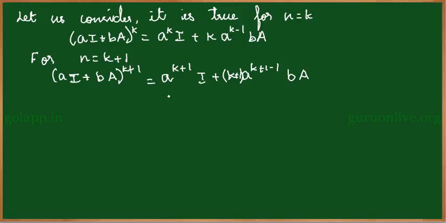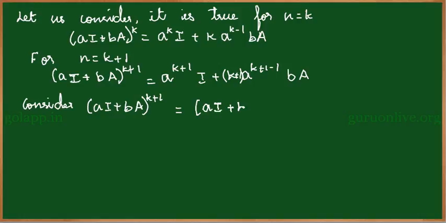So we have to prove LHS is equal to RHS. Consider only the LHS, (aI + bA)^(k+1). Expand this as (aI + bA)^k into (aI + bA)^1. Since the bases are the same, we can add the powers, and we get the same LHS.